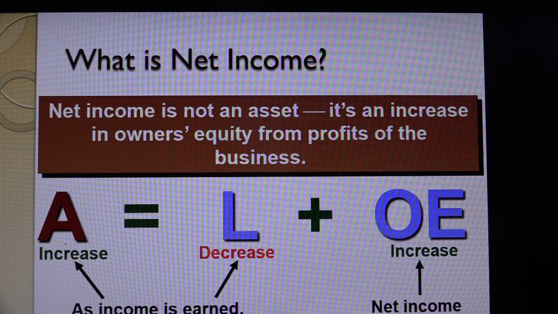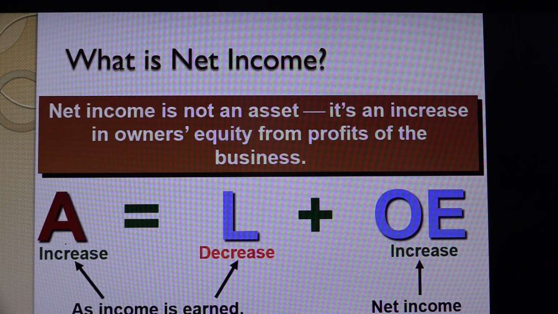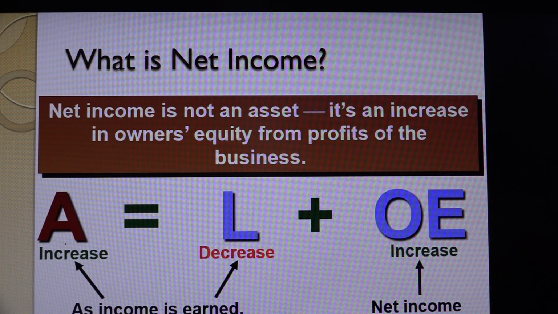Now here, it says net income is not an asset. It's an increase in owner's equity from profits of the business. Well, for most companies, the basic formula to figure out net income is revenues minus expenses equals net income.